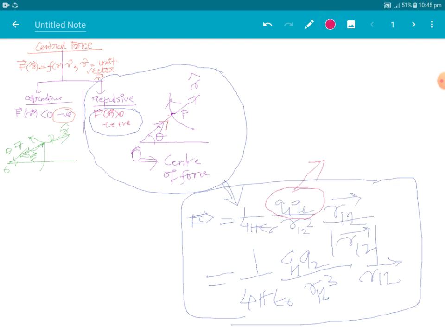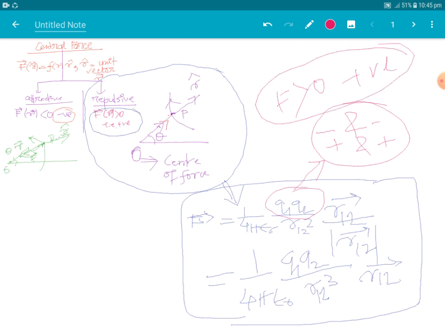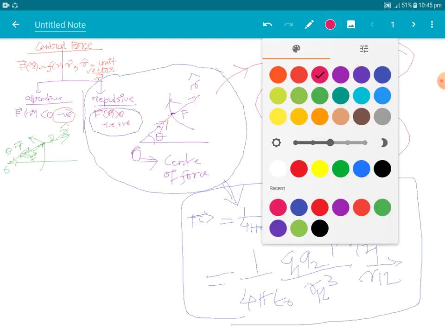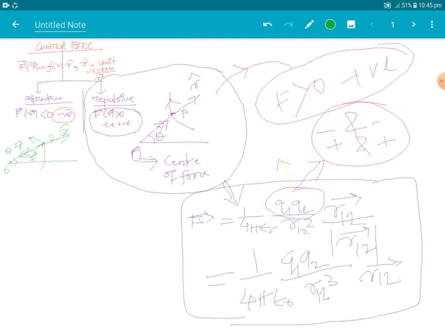If the charges are similar, that is negative and negative, or positive and positive, then this force will be greater than 0, that is positive, so the force is repulsive in nature. Whereas if the charges are negative and positive, or positive and negative, then the force F vector will be negative, that is of attractive nature.